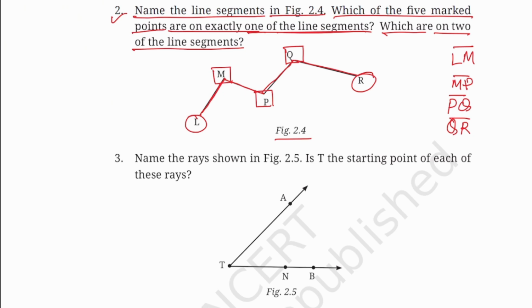For example, point M is on line segment LM and MP. Point P is on line segment MP as well as on PQ, and point Q is on line segment PQ as well as QR.